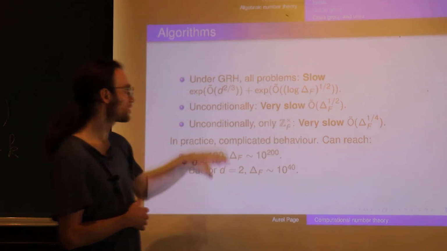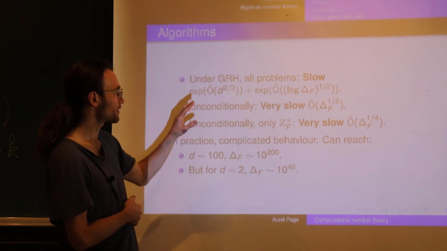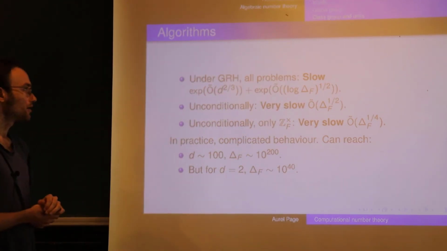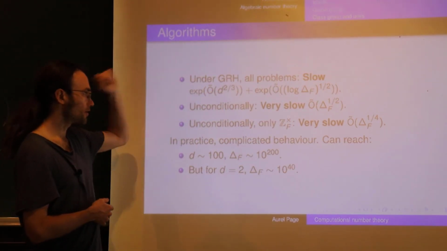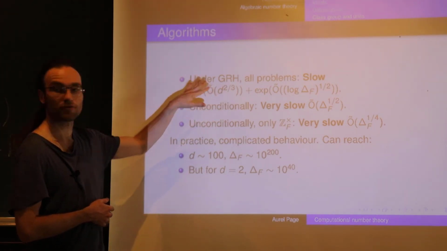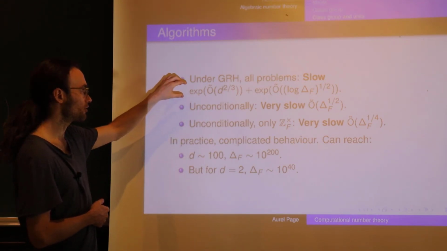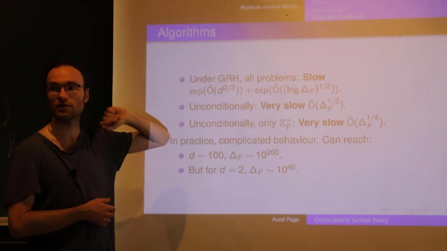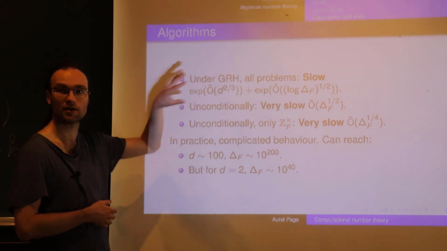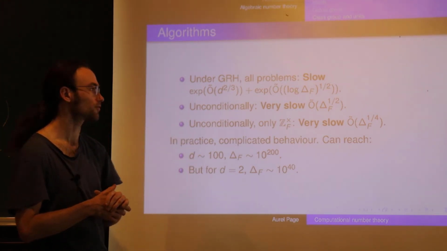So what we can prove is actually that the dependence is slightly better in the discriminant than in the degree. And for this algorithm, not only can we only prove this running time under GRH, but it's even worse: if you don't assume GRH, we don't even know that the output is correct. So unconditionally, the output of this algorithm could be complete garbage, have nothing to do with the correct output.